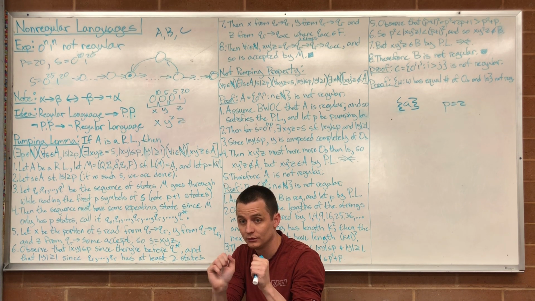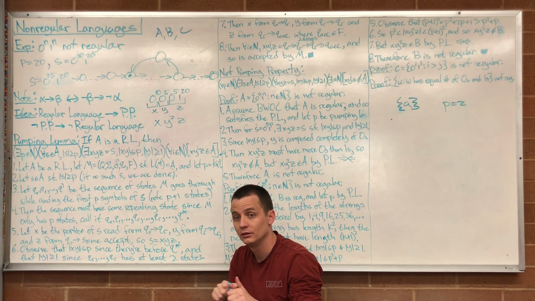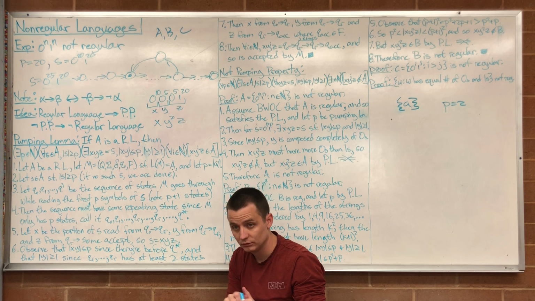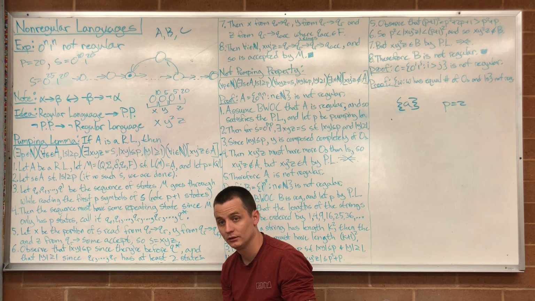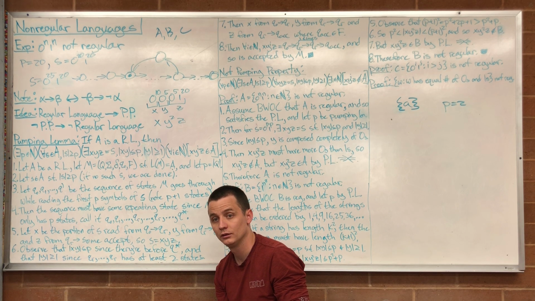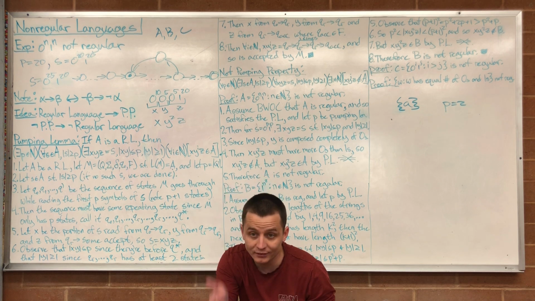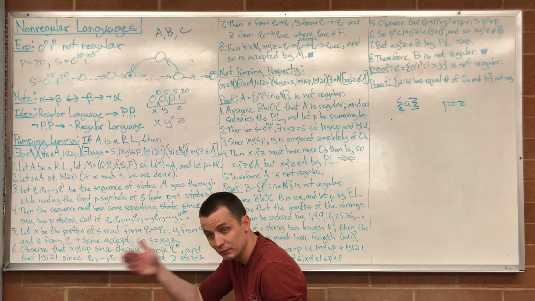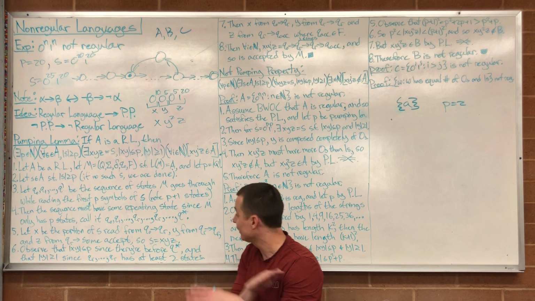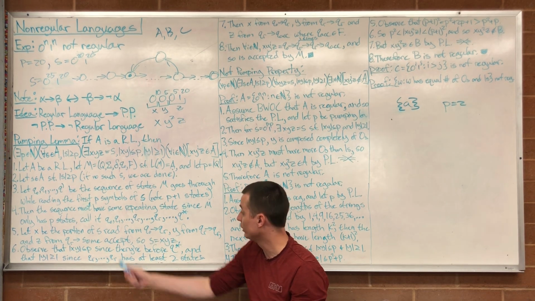There could be many repeating states, but there has to be at least 1. So there has to be some loop going from QR to QR.